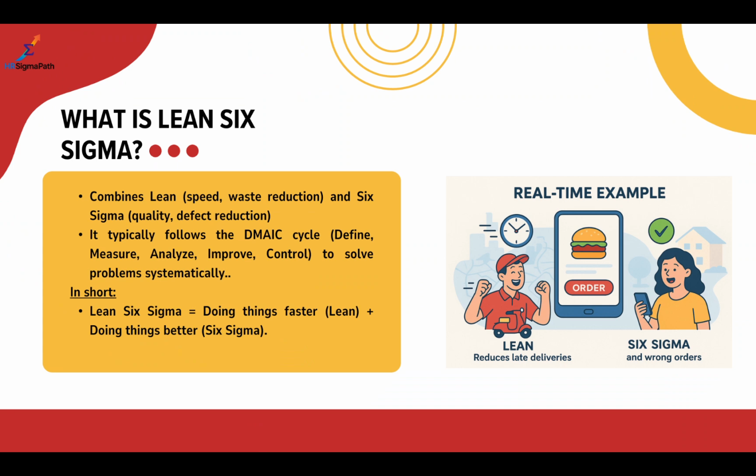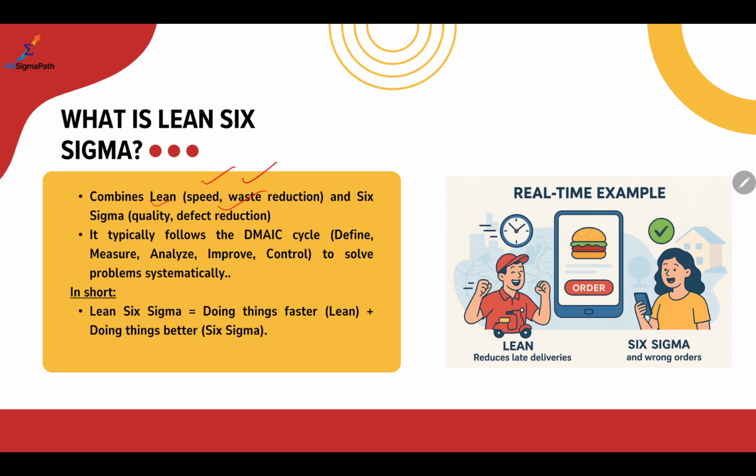What is Lean Six Sigma? Lean Six Sigma is a combination of Lean and Six Sigma, where Lean is speed and waste reduction, and Six Sigma is quality and defect reduction. So it's a powerful business improvement method that blends speed and precision.